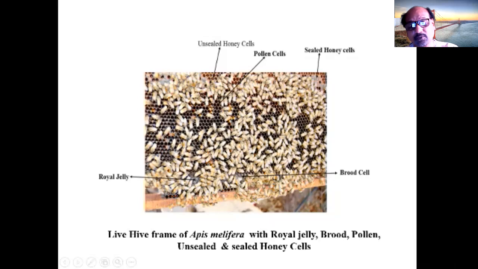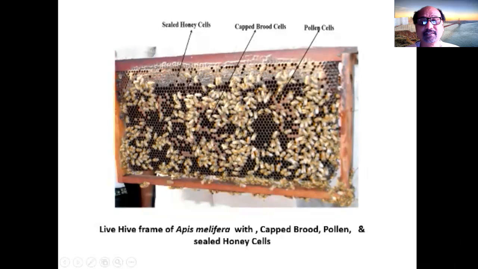Okay, so another slide. This shows the number of sealed honey cells, which means the honey stored in this frame has completely ripened. The number of pollen cells is also shown here, along with the capped brood cells.